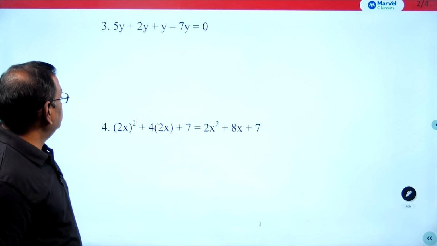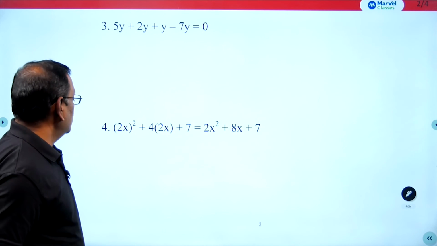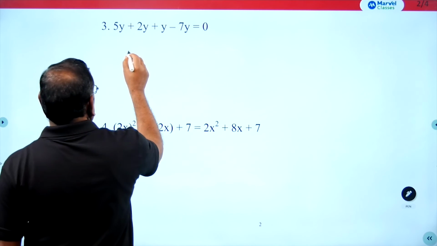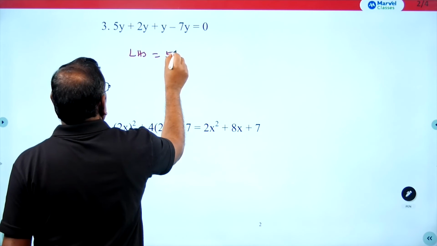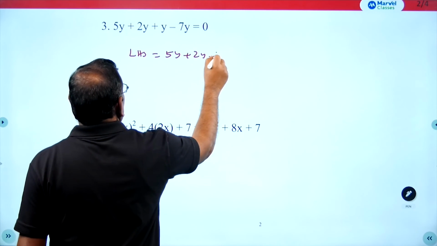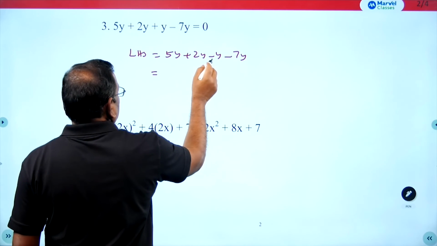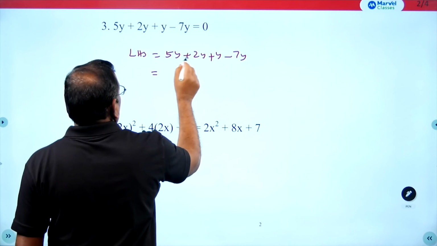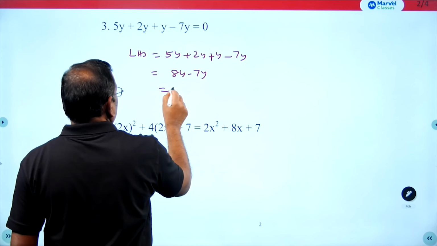Now we'll discuss an expression which contains 3 or 4 terms. So what is the value? LHS equal to 5y plus 2y minus y minus 7y. So 5 plus 2 is 7, plus 1 is 8y, minus 7y, which is equal to y.